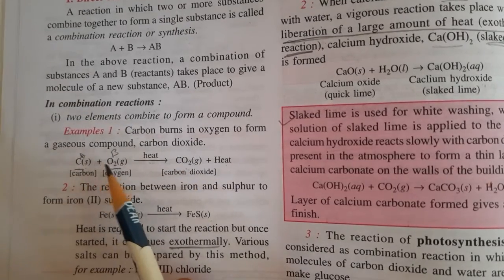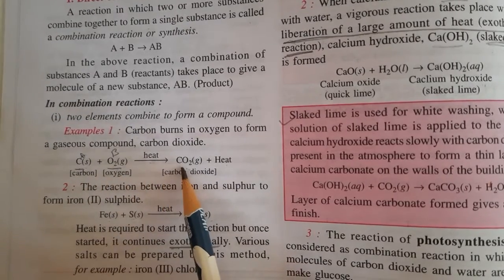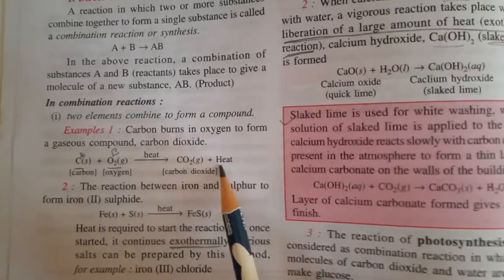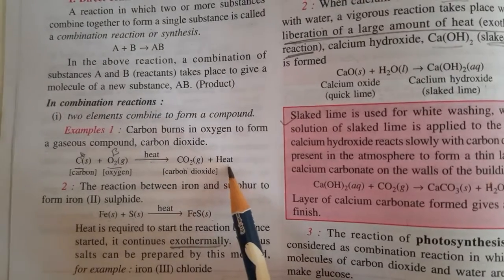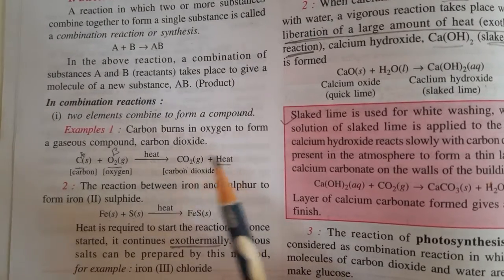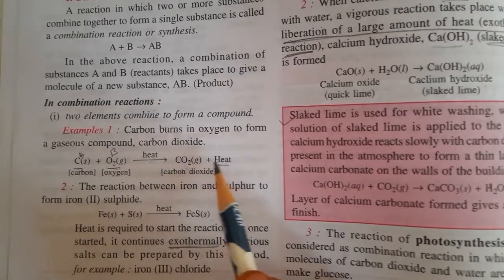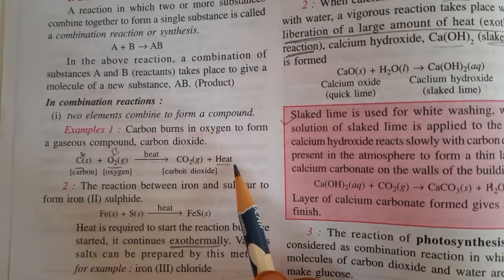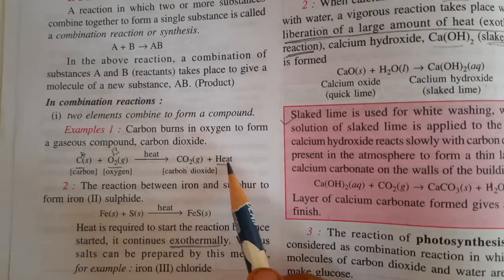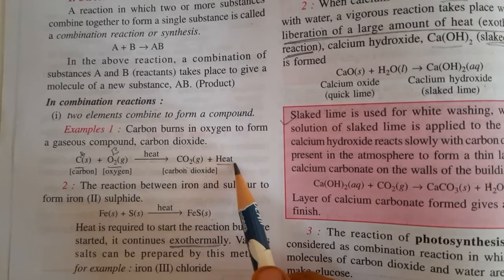A plus B converts into AB, a single product. Here it says plus heat, which means that during this reaction heat is also produced.